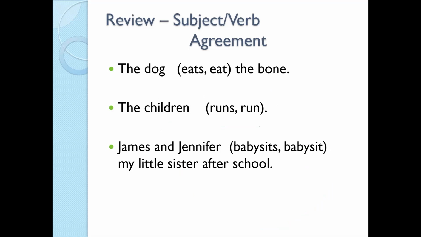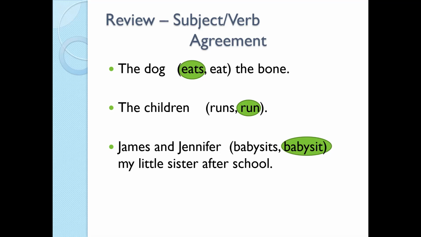If we look at this sentence, the dog eats the bone. The dog is singular. Eats is singular. The children is plural. Run is plural. James and Jennifer, that's plural. So my verb is plural. Write this down because I don't think it's on the PowerPoint. Singular verbs end in S. So if your subject is singular, your verb has to be singular.